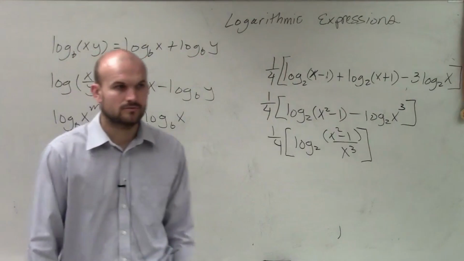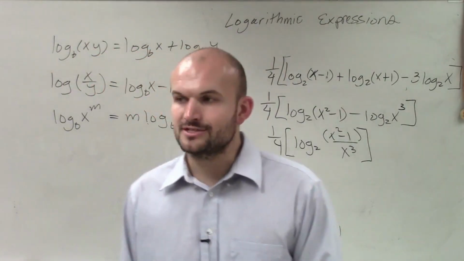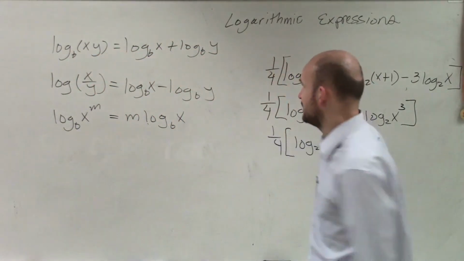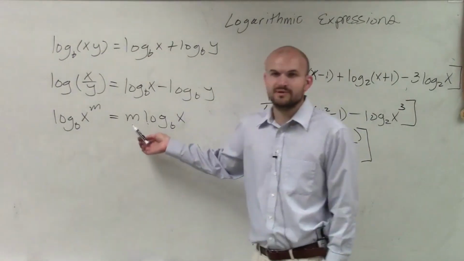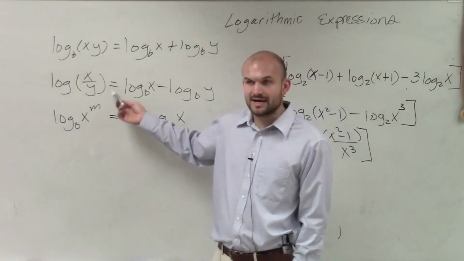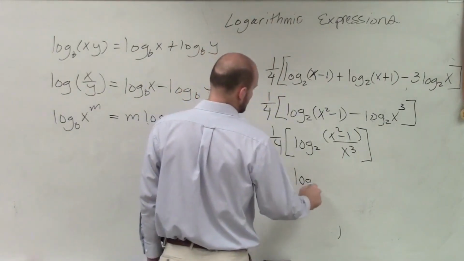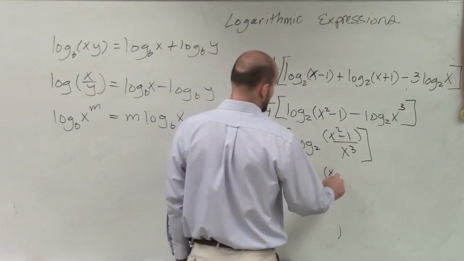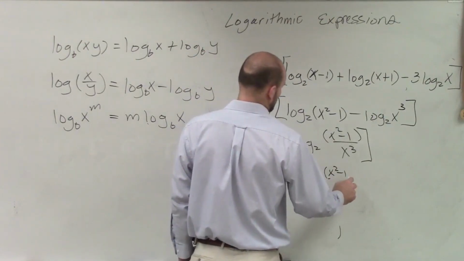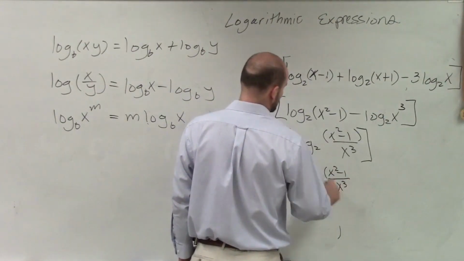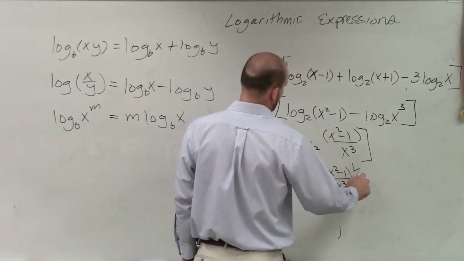Right? Now, ladies and gentlemen, what does it tell you when you have a logarithm be multiplied by a number? You can rewrite that as the exponent. So therefore, now we write this as log base 2 of x squared minus 1 divided by x cubed, raised to the 1/4.